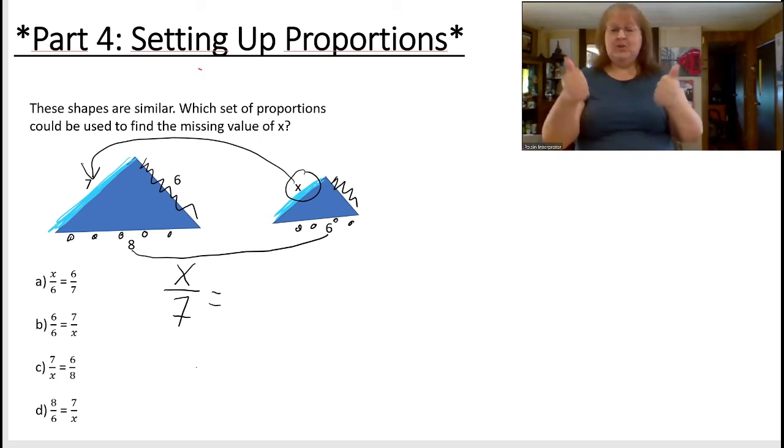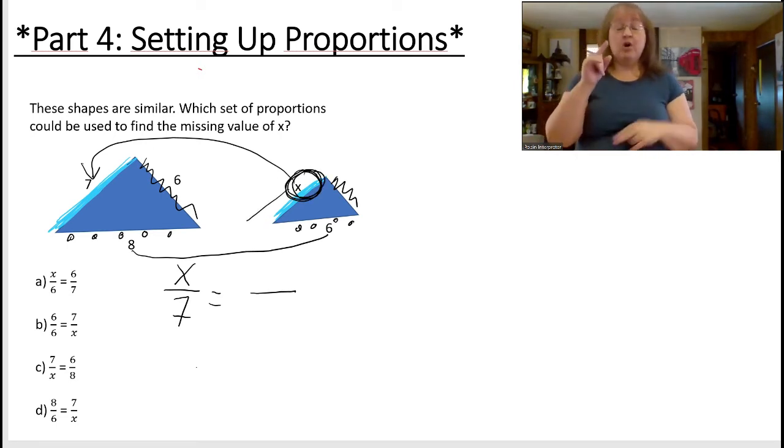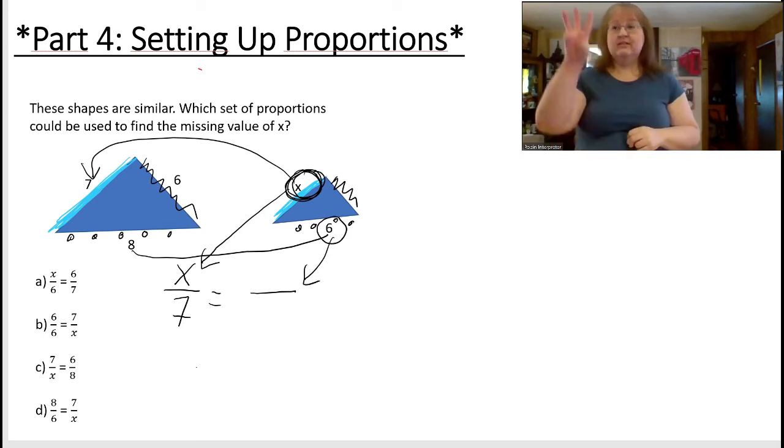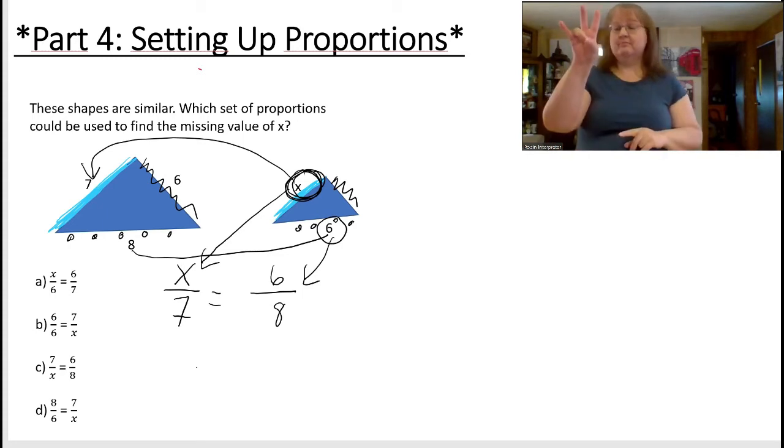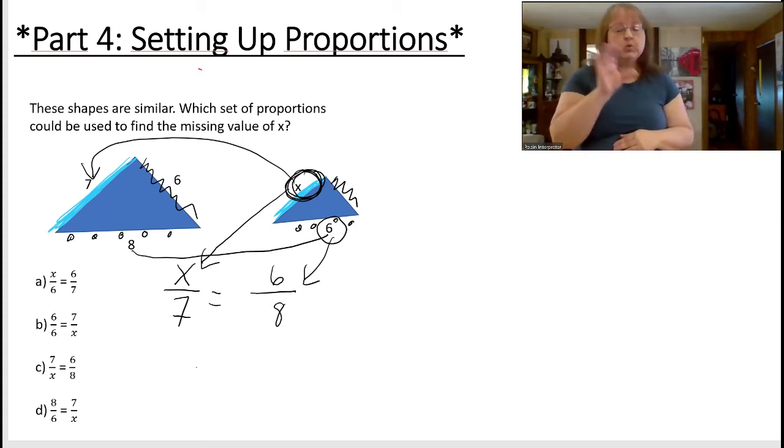But which number is going to go on top? Well, if you start off with this one as the numerator for the first ratio, this must be the numerator for the second ratio. So 6 out of 8. We're saying x over 7 is the same thing as 6 over 8. Now let's check to see if we find that anywhere. X over 6, nope.